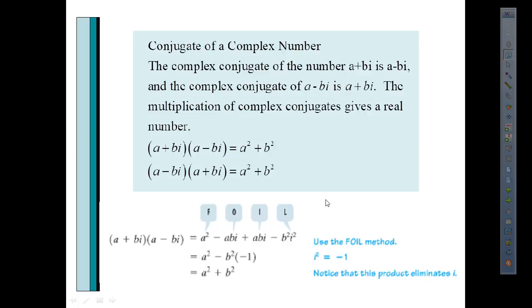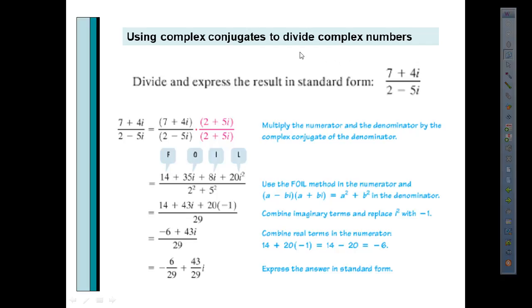Now, you can't just randomly multiply by the conjugate of a complex number to get nothing but reals. You actually have to multiply it much like we do with fractions, and that's primarily where we're going to use this. So using complex conjugates to divide complex numbers, we're going to divide and express the result in standard form 7 plus 4i over 2 minus 5i.